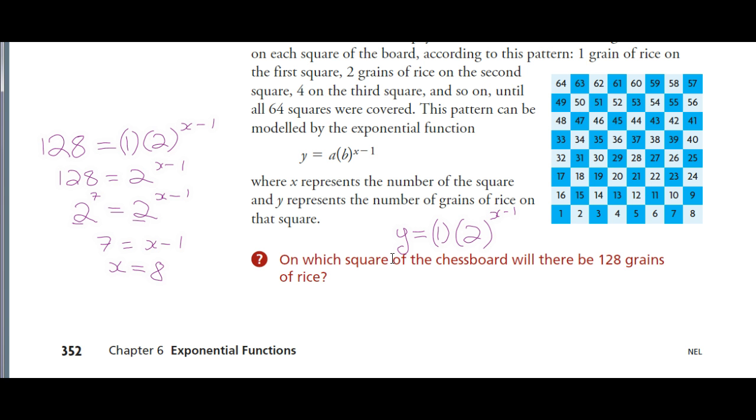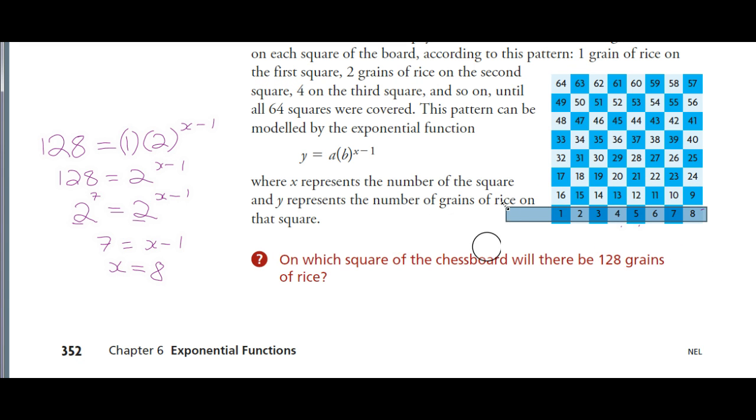So we have 1 grain here, 2, 4, 8, 16, 32, 64, 128. Yeah, virtual ink disappeared. So on which square do we have 128 grains? On the 8th square. Okay, so let's clean this off.